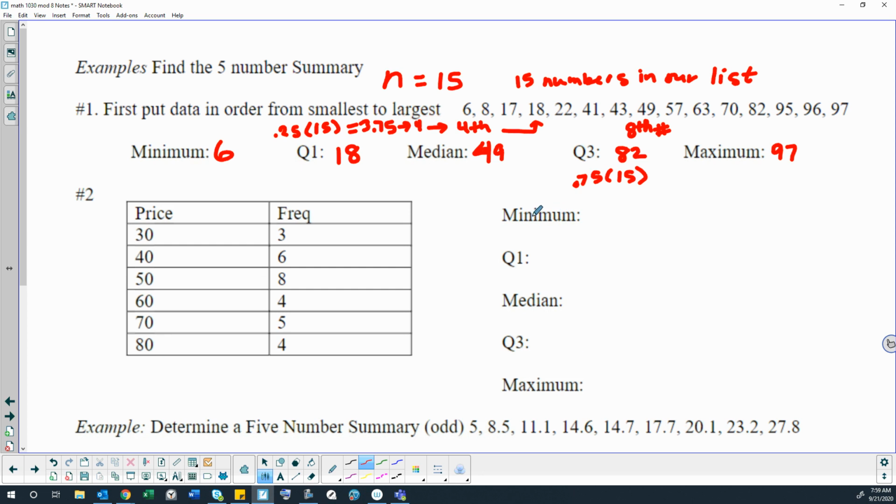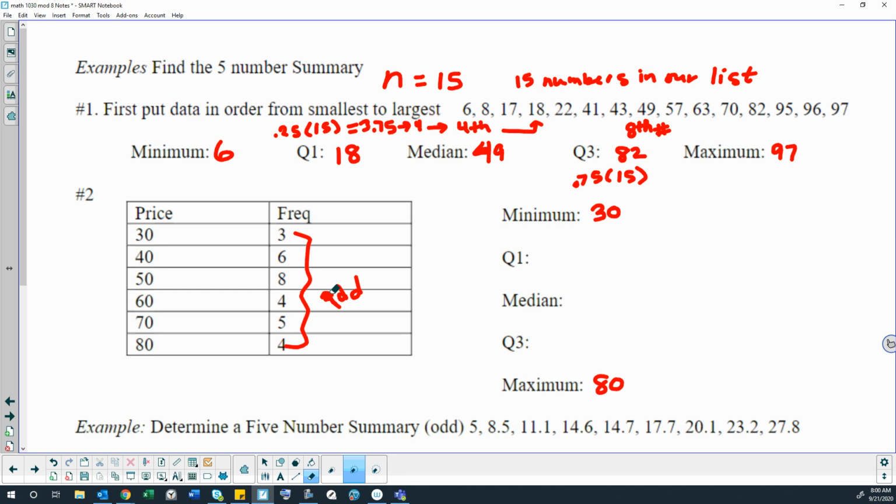So let's go ahead and figure out what we can immediately. What's our minimum? 30. Does that make sense? Because that's the smallest number in our frequency table. And then what's our maximum number? 80. That's the biggest number in our frequency table here. So then we want to figure out how many numbers there are. So let's add these together, which I should just write on the smart board.